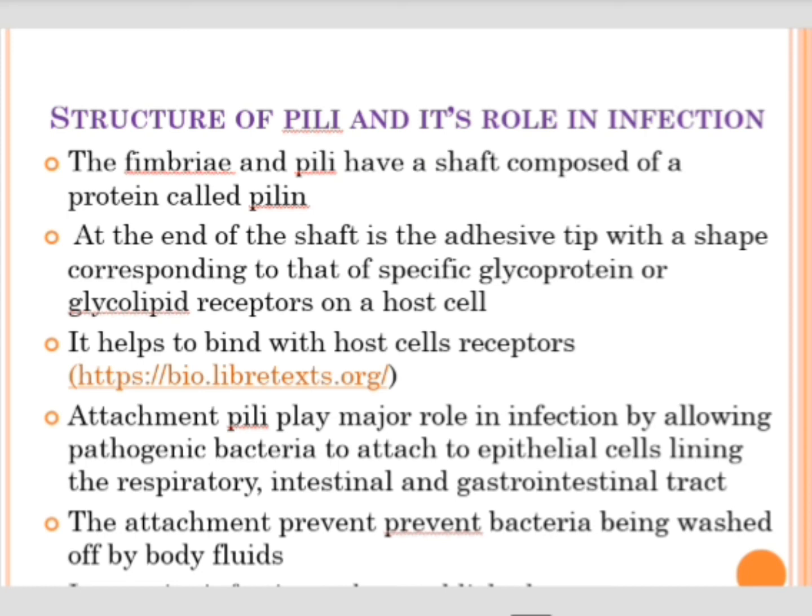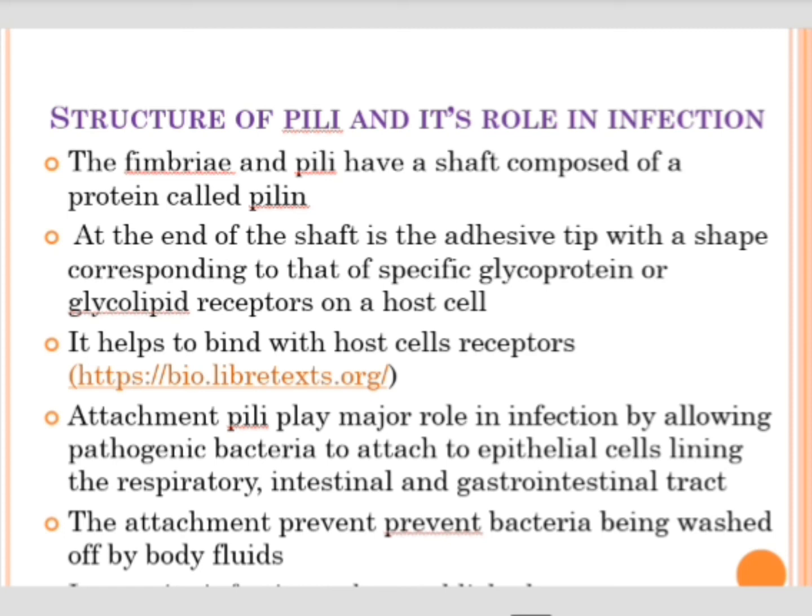And the peculiarity of this adhesive tip is that it has a shape that is complementary to the shape of the receptors present in the host cell. And the receptors of the host cell are either glycoproteins or glycolipids.